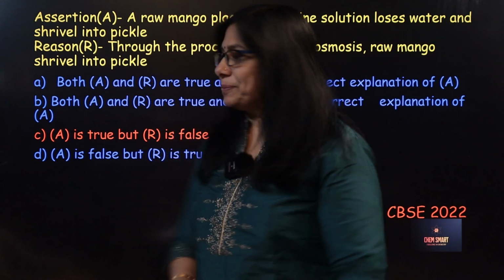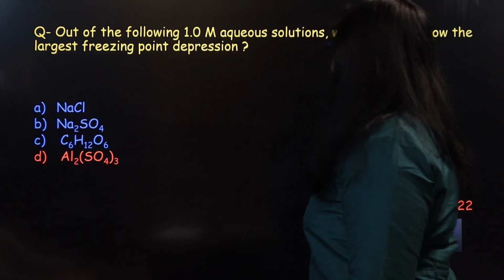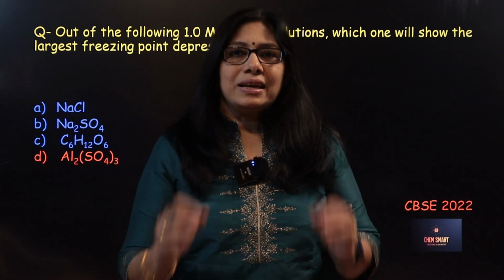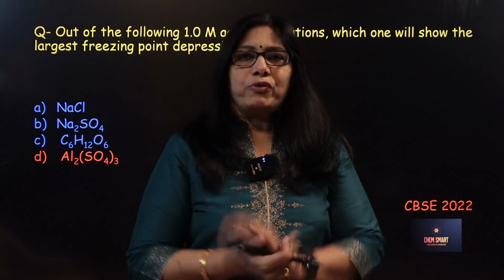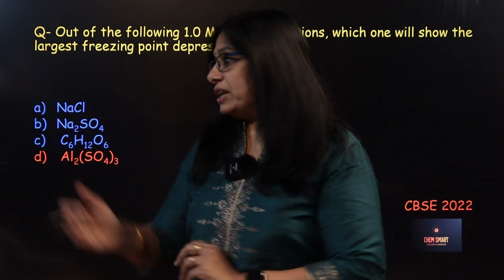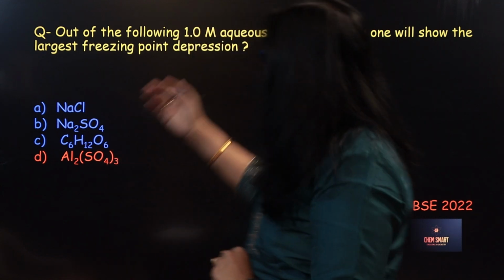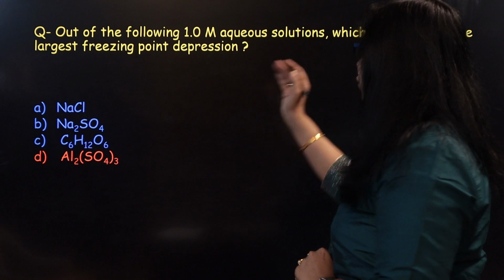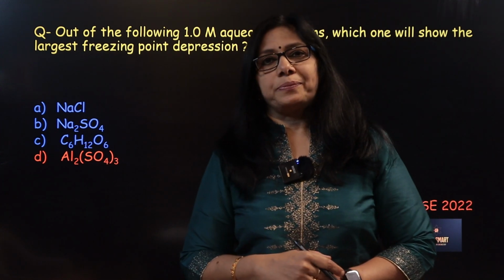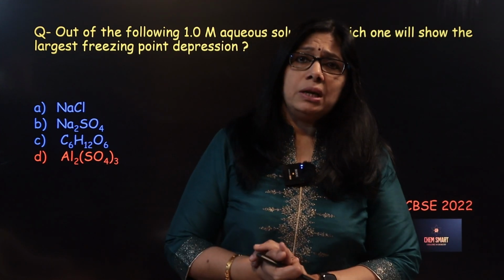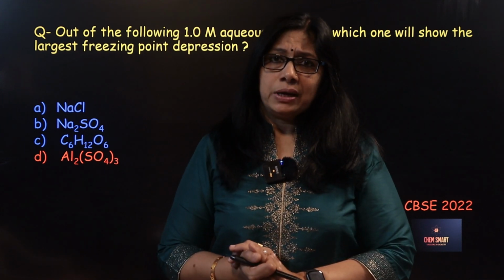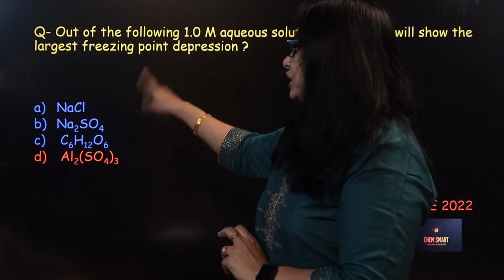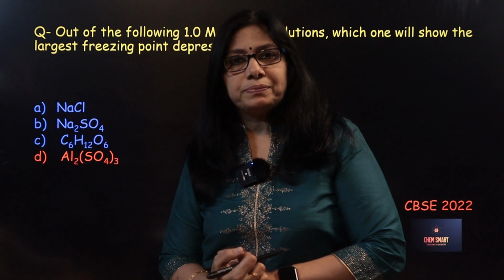Okay, great. Next question is a numerical type of question connected to one cofactor, though it is MCQ. The question is, out of the following 1 molar aqueous solutions, which one will show the largest freezing point depression? You know, freezing point depression is delta TF. And you have to find out which one will have the highest delta TF.